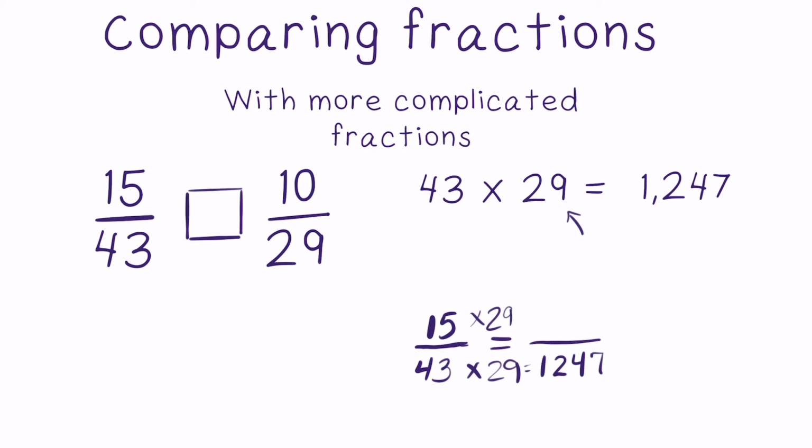And again, these numbers are bigger. You might want to write out your work here. 15 times 29. We can start with my 9 ones times 5 ones is 45. Regroup that 4. 9 ones times 1 ten is 9, plus 4 is 13 tens.